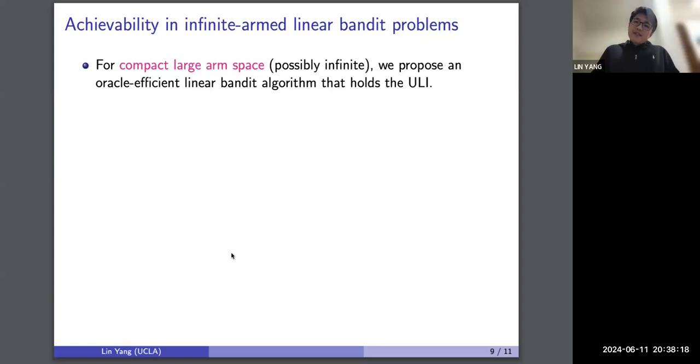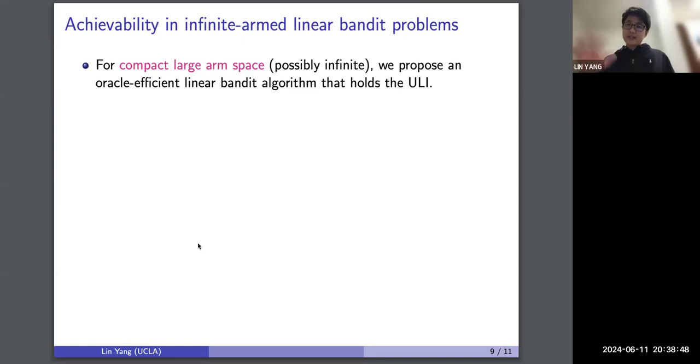So for cases where there is no gap, for instance in the linear bandit setting where the action space is no longer finite but has infinitely many actions, each action is represented by a d-dimensional vector. If you play an action, the expectation of the reward is proportional to the inner product of the action with some unknown d-dimensional parameter.